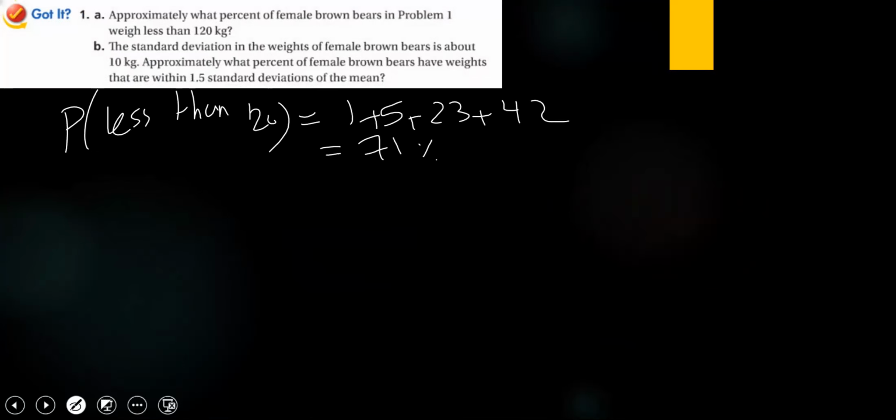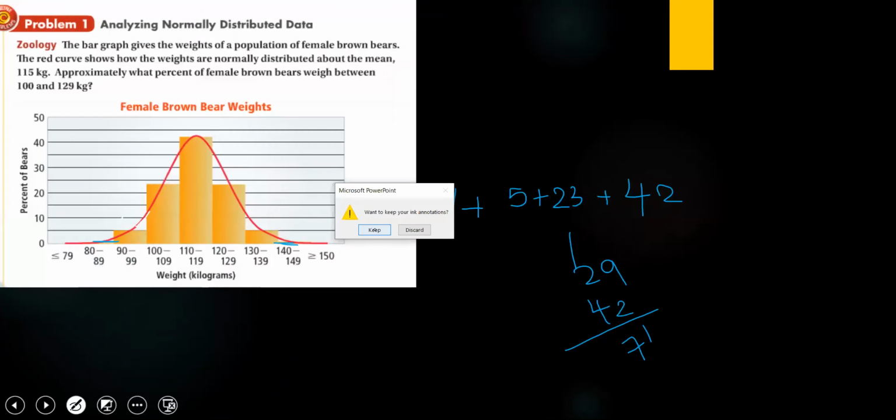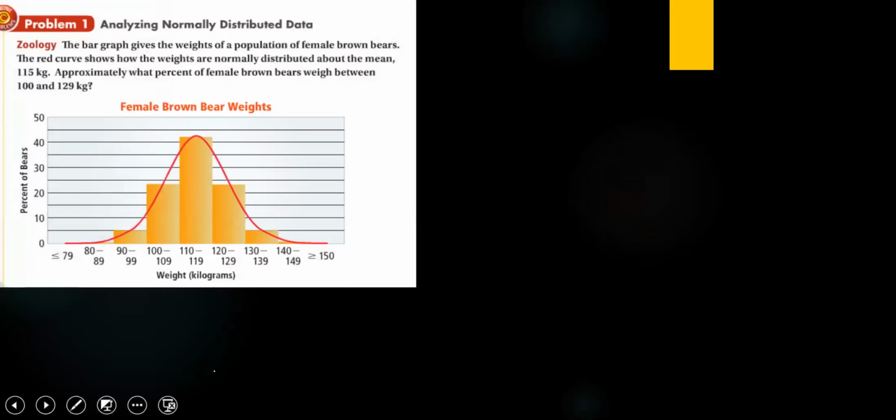Now B, this is for A. Now for B, the standard deviation here is 10 kilograms. Come back here. So here we say that the mu is 115, and here we have 10 standard deviation.